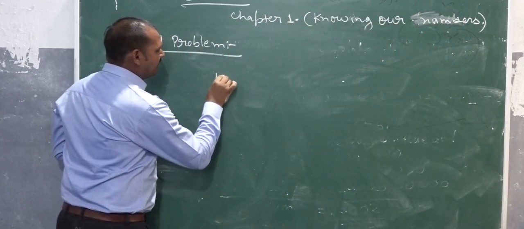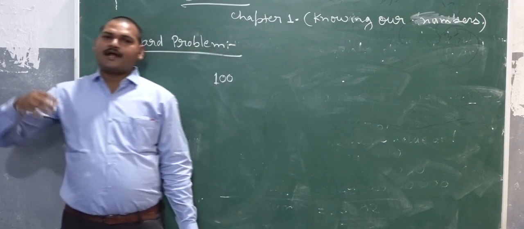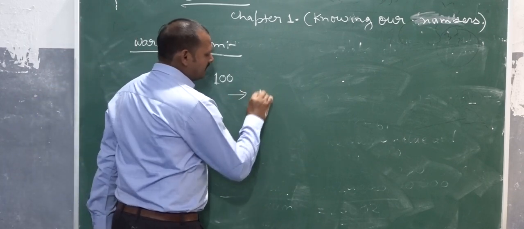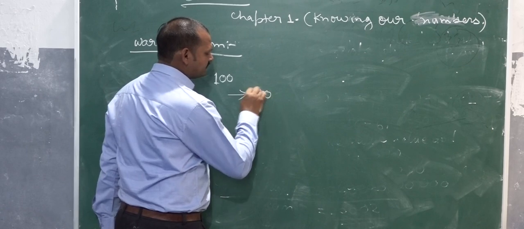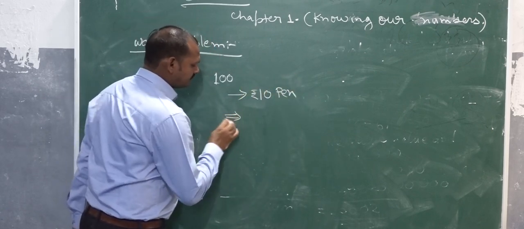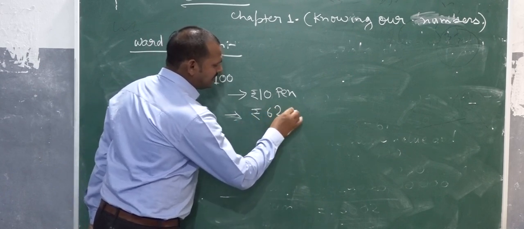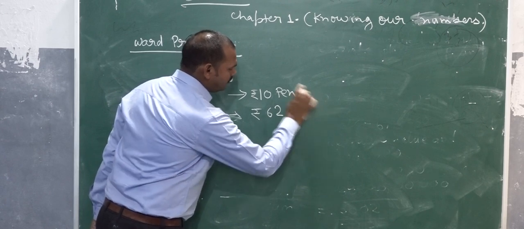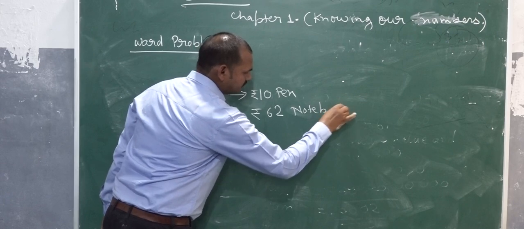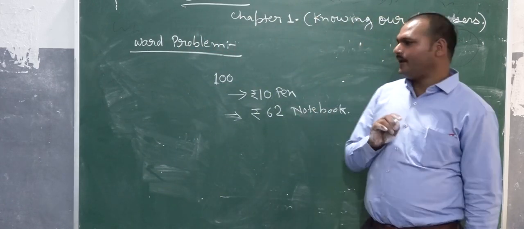If you have 100 rupees and you go to the market and buy a 10 rupees pen and a 62 rupees notebook, then how much money do you have left?